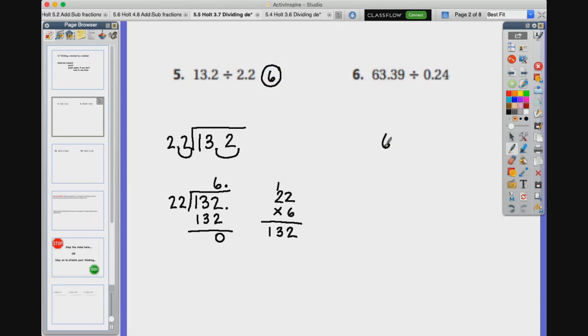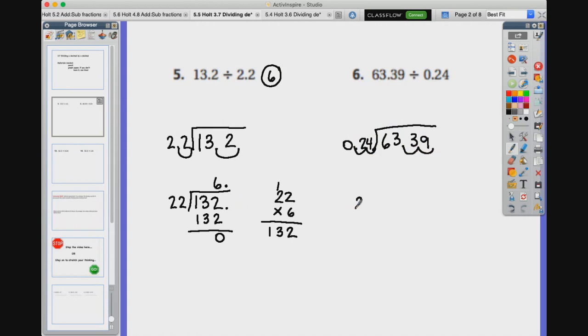Now we're going to see how many times we can do 24 hundredths divided by 63 and 39 hundredths. So I'm going to move the decimal out before I start dividing. I moved it over twice here, so I'm going to move it over twice here.